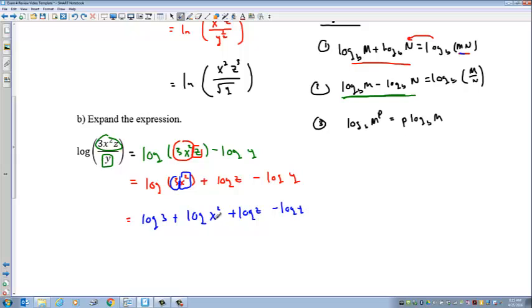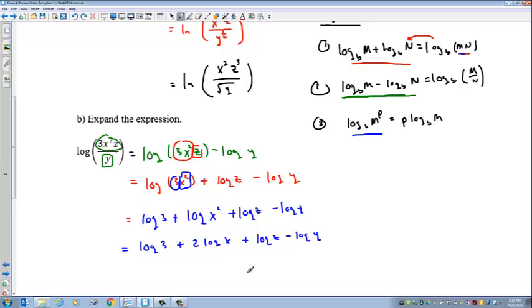And we're almost done. We can finally use this power rule right here to bring down that 2. And so that'll equal log of 3 plus 2 log of x plus log of z minus log of y. All done. And so that's our final answer right there.